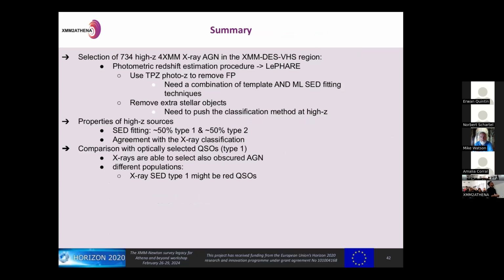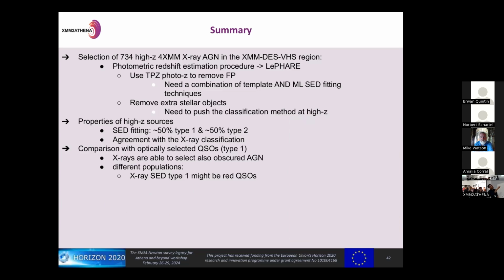And okay, here is the summary. The point is that we need a lot more work to select high redshift sources, and even in this we need to do some more refining in everything. I didn't speak a lot about the cross-matching, and we need some more work there.